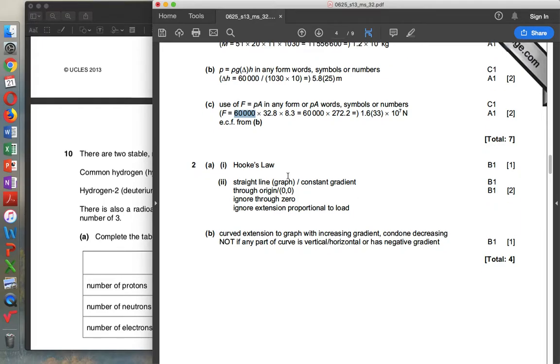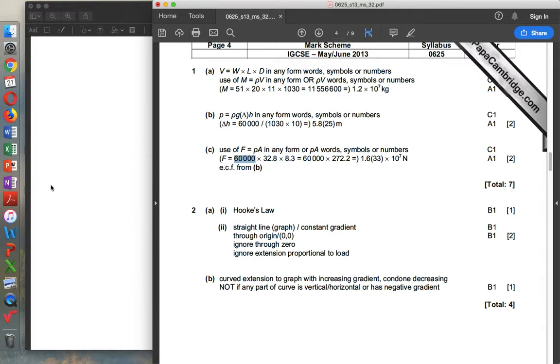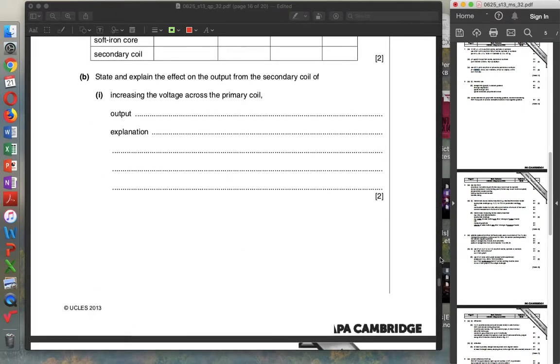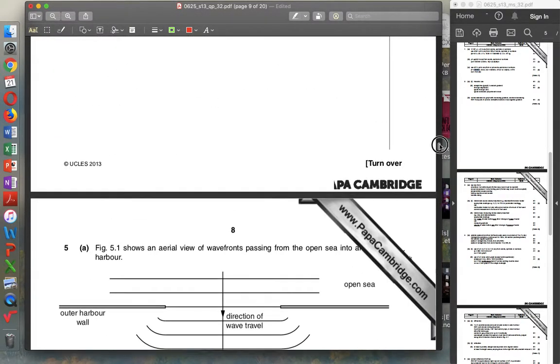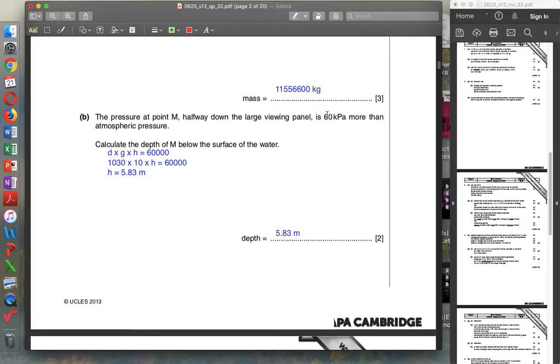Oh yeah, you are not supposed to multiply by the depth, so our answer is wrong actually. I'm sorry guys, you're not supposed to multiply by the depth. Instead, you're supposed to multiply by this pressure actually. I'm trying to multiply by the pressure, 60,000.